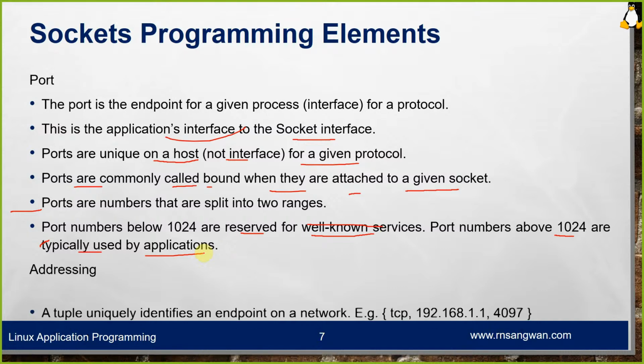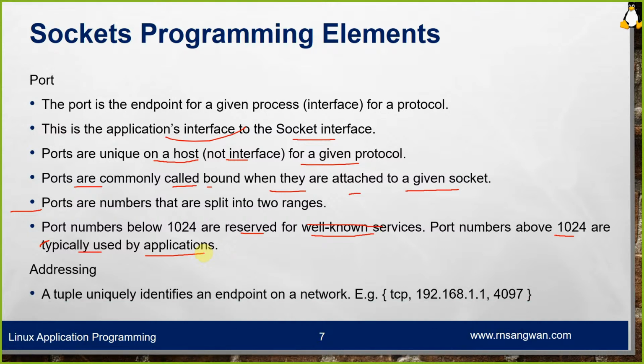Addressing. It's a tuple, a record which consists of the protocol name, which protocol will be used, the host IP, and the port number. Put together in curly braces, this entire record is called the addressing or the tuple.